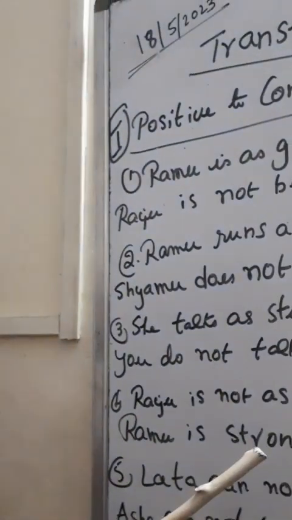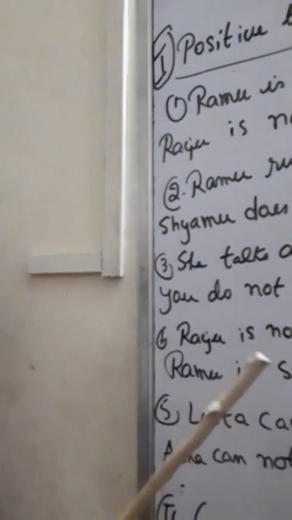While changing into comparative, you have to add er to the adjective form, or ier if the word ends with y, hungrier, like that. Now let us see what the rules are. I will explain in a very simple way so that you can do any sentence on your own.